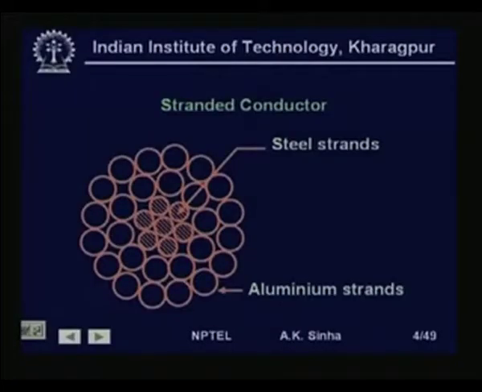So, what actually happens because of this frequency is that if you look at this conductor, the inner or central part of the conductor will be experiencing more flux linkages, and therefore, the inductance of these strands will be more than the inductance of those strands. Therefore, the AC current will see more reactance or more impedance to its flow, and less current will flow through the core and more current will flow through the strands at the outer edge of the conductor, because here the flux linkages will be lower and the inductance seen will be less.